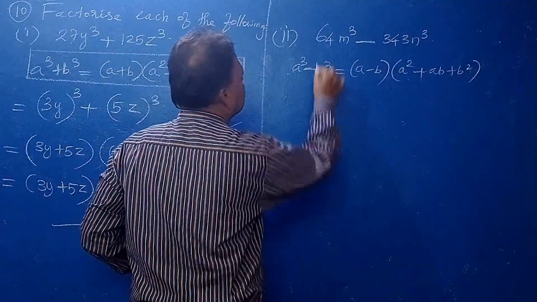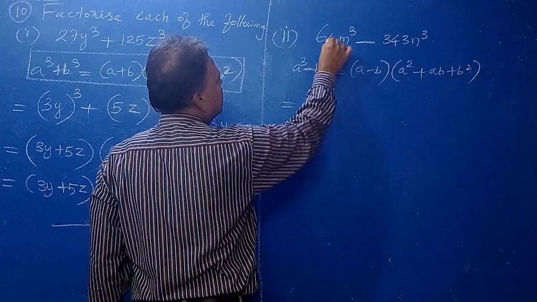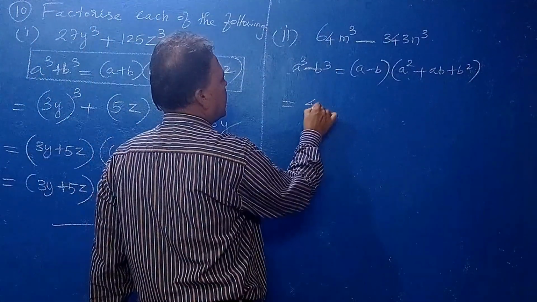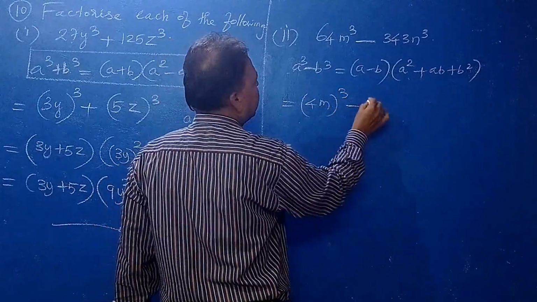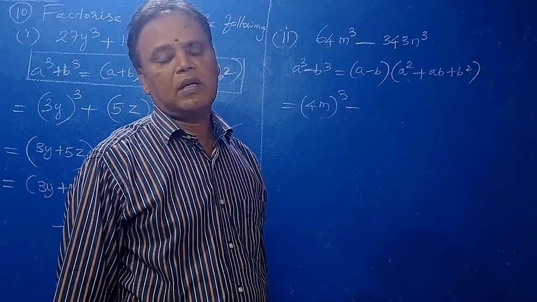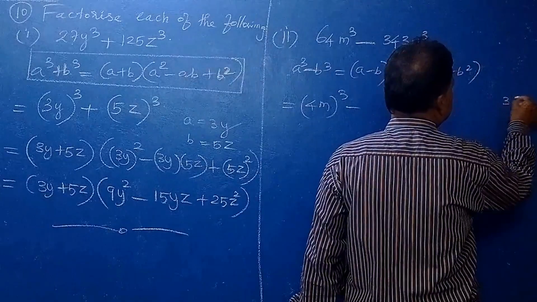Now replace. You have to make a cube minus b cube form, so 64 is which cube? 4. So 4m the whole cube minus 343, which cube? You have to remember. 7 cube. If you don't know, just factorize and see.